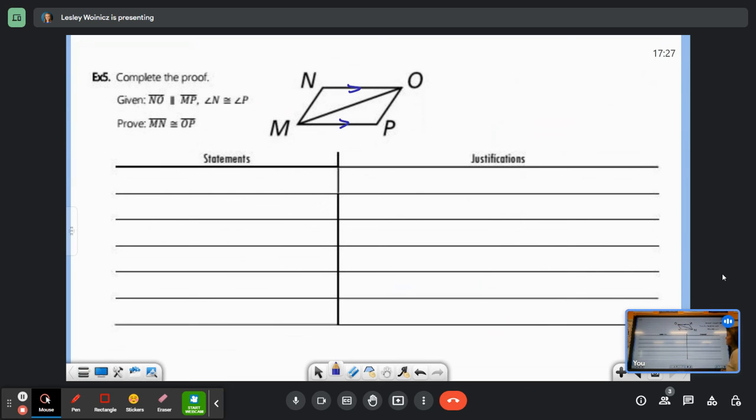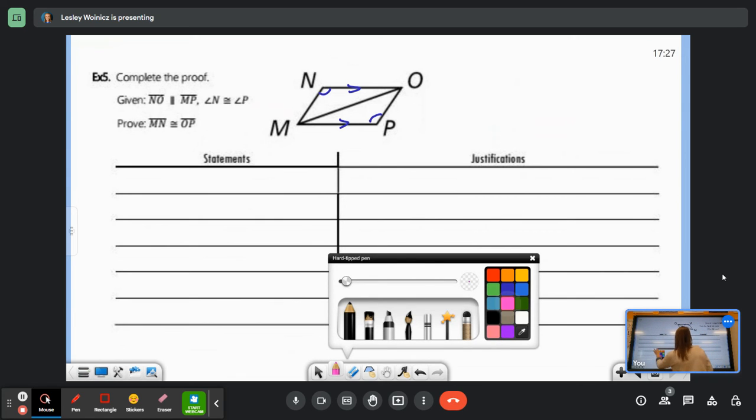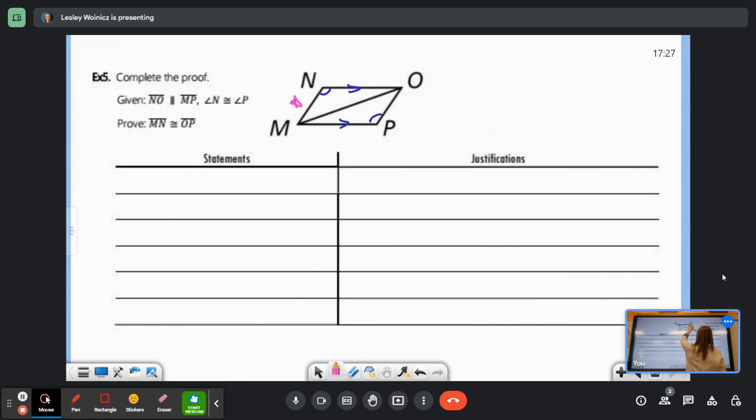They're also telling us that angle N is congruent to angle P. And we have to prove that segment MN is congruent to segment OP. That's the target. I can only say that those parts are congruent if I'm able to prove those triangles are congruent. So first I have to prove the triangles congruent, then I can say their corresponding parts are congruent.